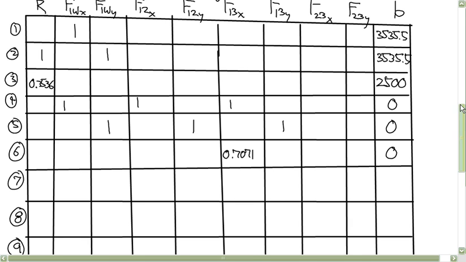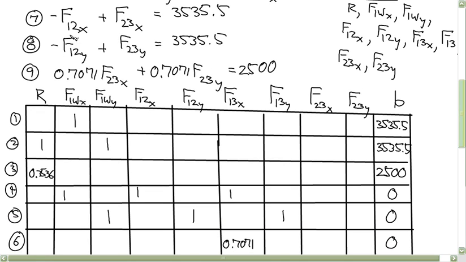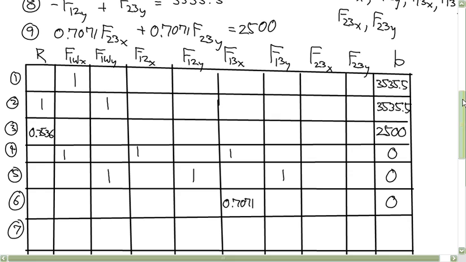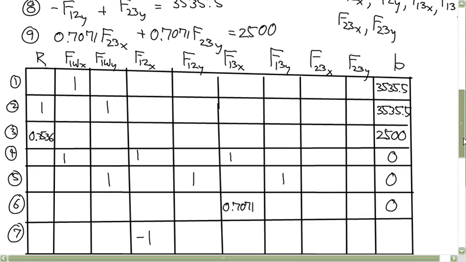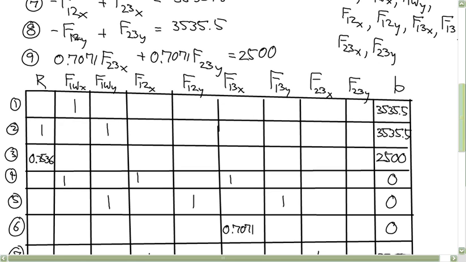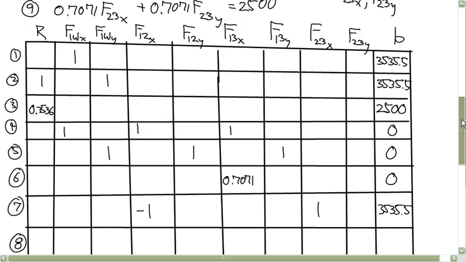And now we're on the last three. So negative F12X plus F23X is equal to 35.35. And then we have the y version of that.